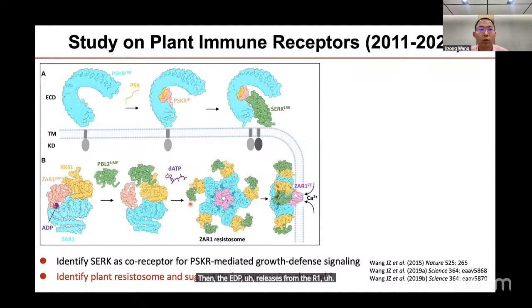Our biochemical and structural data further reveal that dATP or ATP promotes the formation of a wheel-like ZAR1 pentamer, which we called the resistosome.